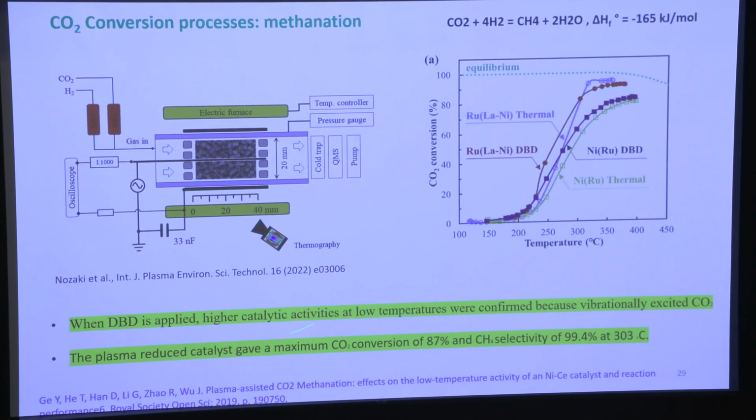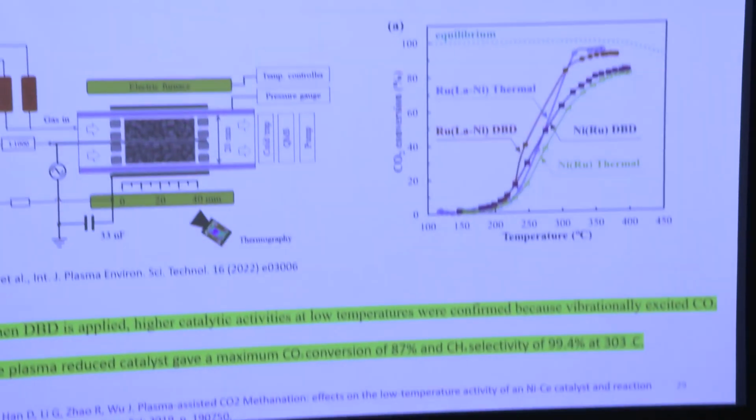So very high catalytic reactivity at low temperatures was confirmed, because they also say it is due to vibrationally excited CO2, even though they did not really provide any evidence. It's just like knocking the head and saying vibrational CO2 is going to be important.